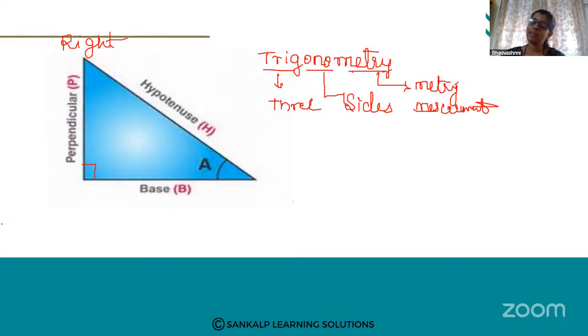Next, I said right angle triangle. Right angle triangle means one angle is 90 degrees.